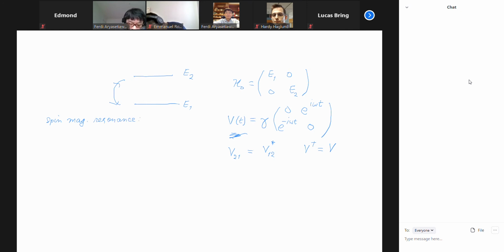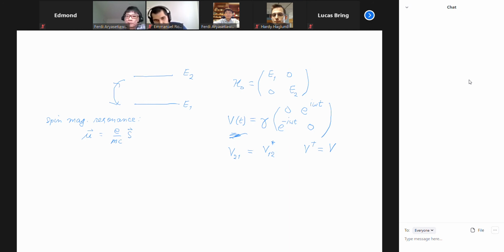So here we have an electron with some magnetic moment, which is given by e divided by mc times spin, like that.